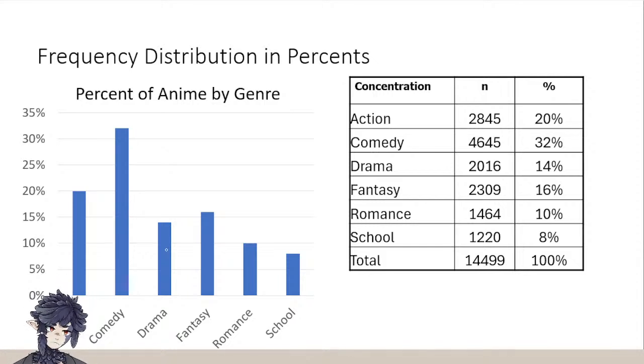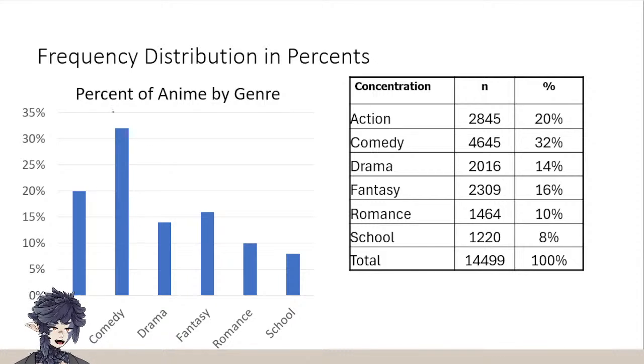Yeah, I think part of it is that this data set, the way that I process this data, is anime have multiple genres on MyAnimeList. They can be listed under multiple. So it's not like fantasy is only categorized as fantasy and comedy is only categorized as comedy. You might have some that count for both.